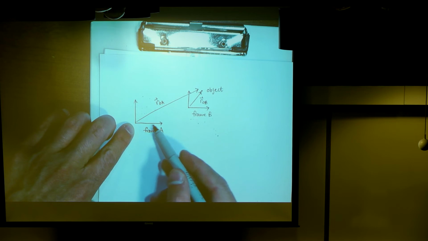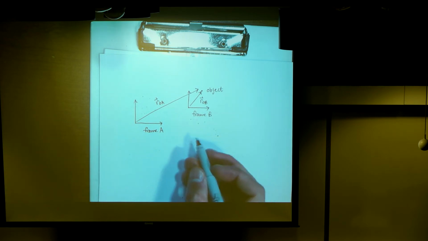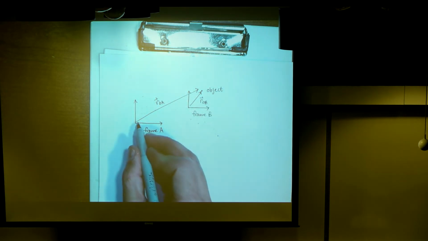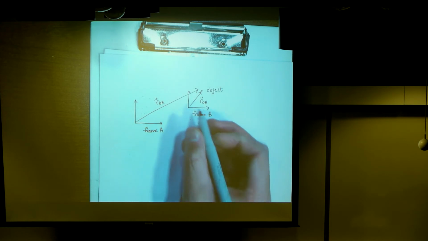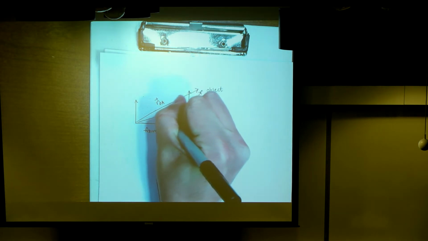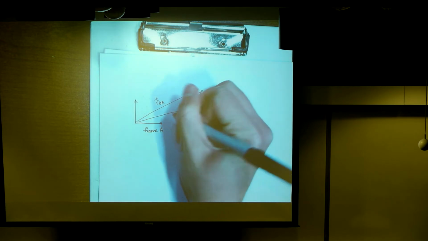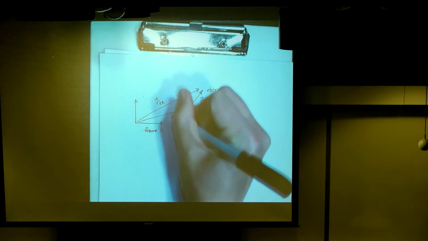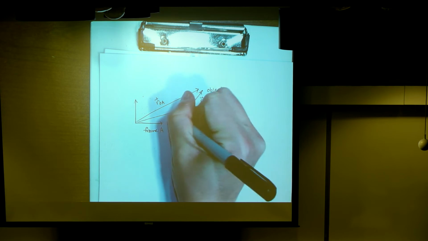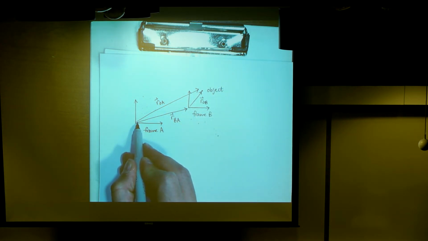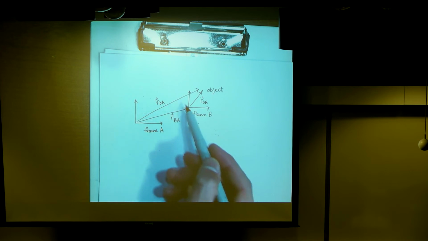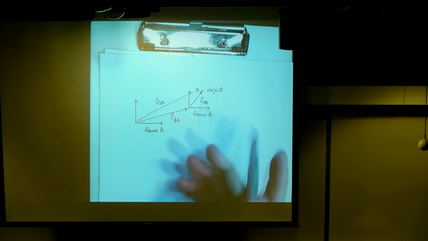Okay? And then finally, if I draw a vector that starts from the origin of frame A, and then it ends at the origin of frame B, like this, well, I could call that RBA, because it's the position of frame B as measured from frame A. So hopefully you see what these vectors kind of mean.